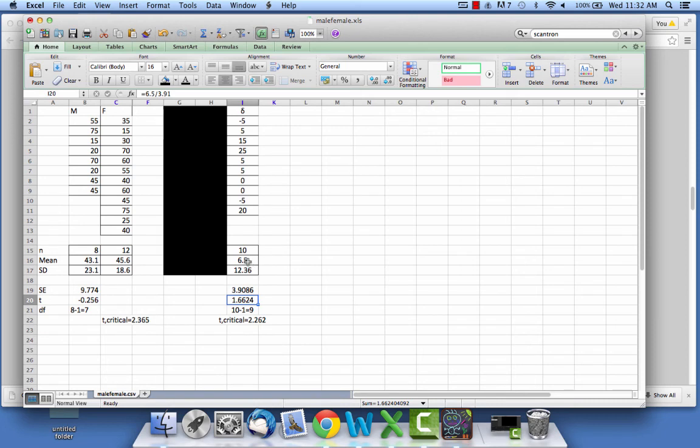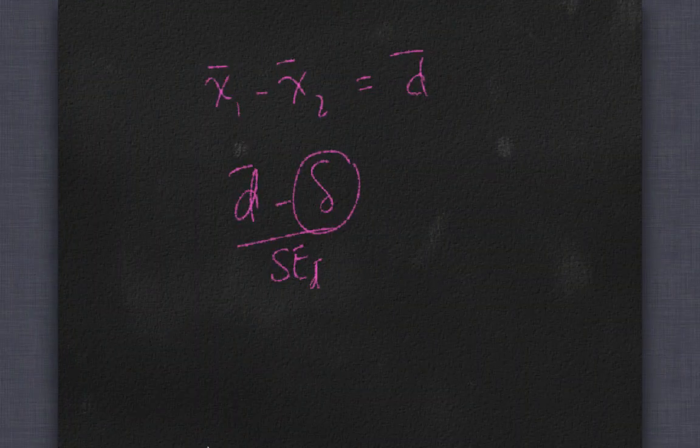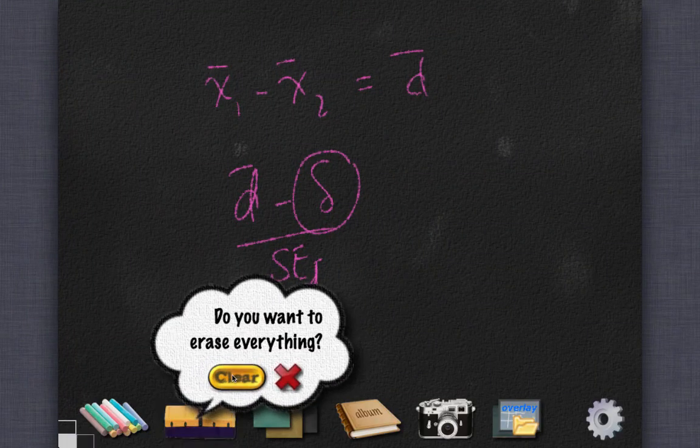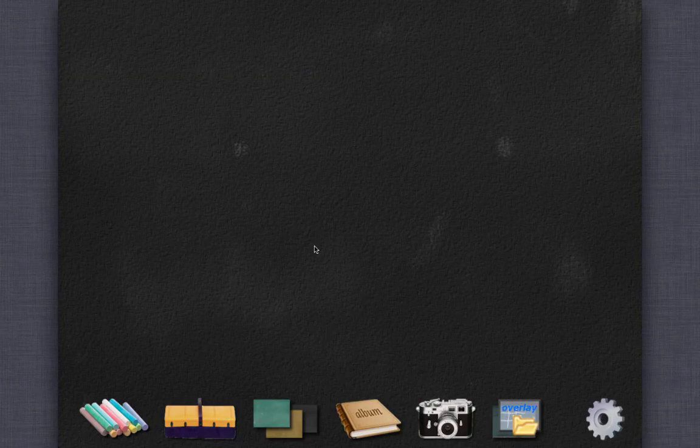So even though this group of people increased on average by 6.5 points, we would actually determine that there has been no change because 1.6624 is within the safe region. Because now our unsafe regions are 2.262 and negative 2.262.